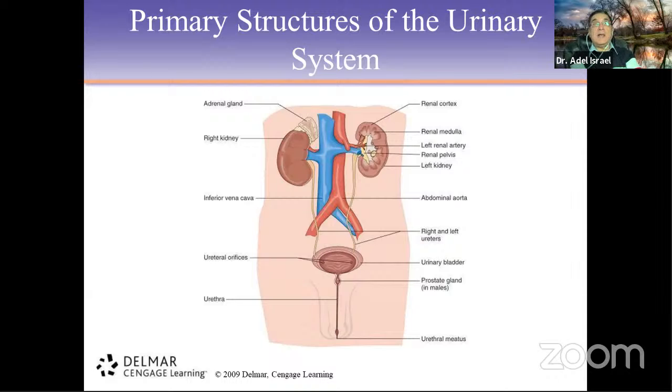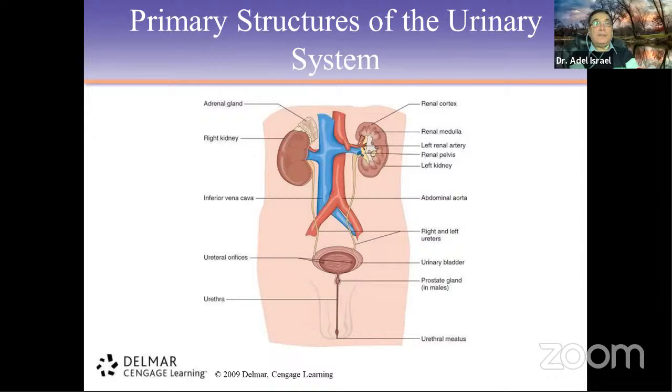We talked about this issue and we linked this in the last lecture about the male reproductive system. I told you that when we teach people how to examine their testes, self-examination, the right testis is lower than the left testis. This is the explanation. Why? Because we mentioned before that the development of the testes is high in the abdomen, almost at the level of the kidney.